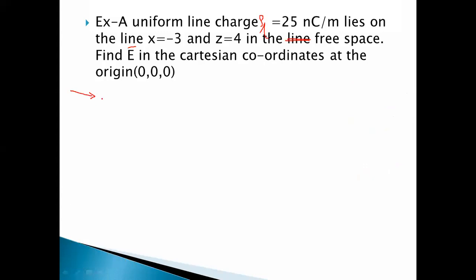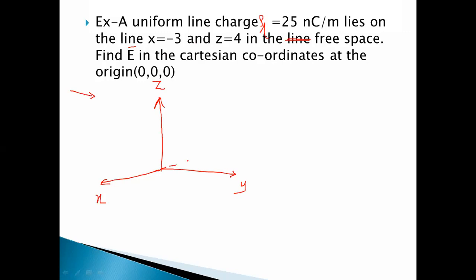So the charge density rho L is equal to 25 nanocoulomb per meter, lying on the line x is equal to -3 and z is equal to 4 in free space. One line is given. Here we'll consider the x, y, and z axes.